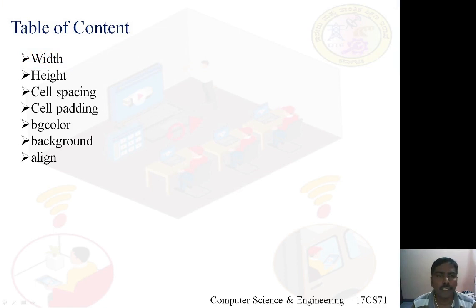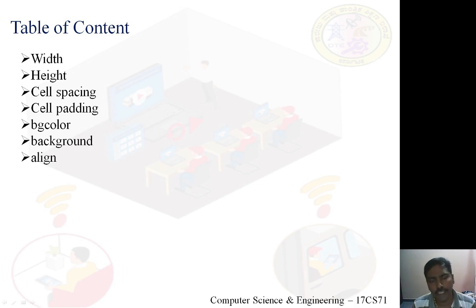Looking at this slide, we are going to discuss at first what is known as width, I mean what should be the width of our data cell. Next we'll see height, how I can specify height for our data cell.